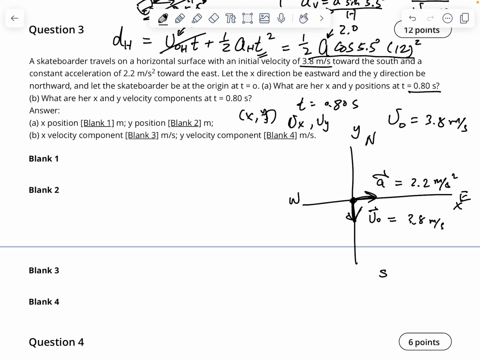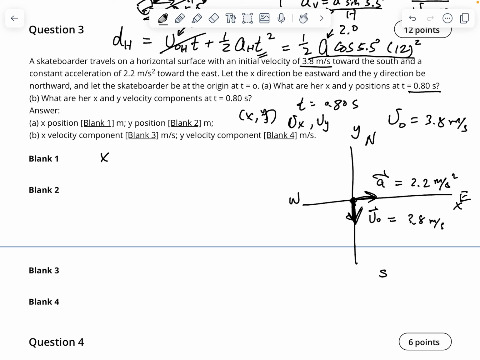Okay, first let's see what kind of motion it is. All right, so this is two-dimensional, and you can tell initial velocity is in this direction, in the y-axis. Okay, so you can break it down into two-dimensional motion, right?